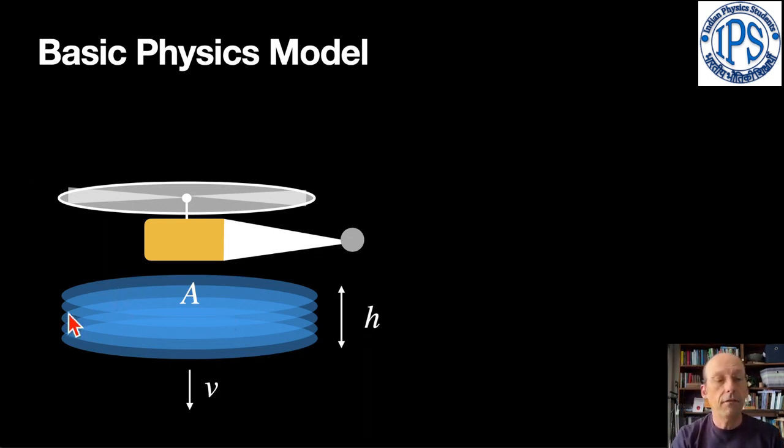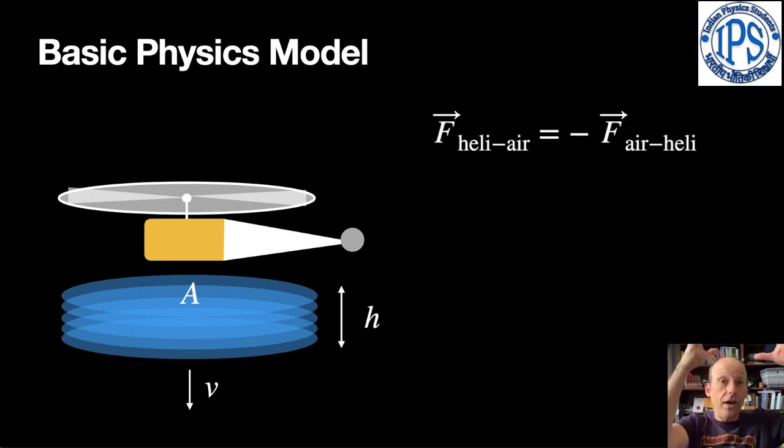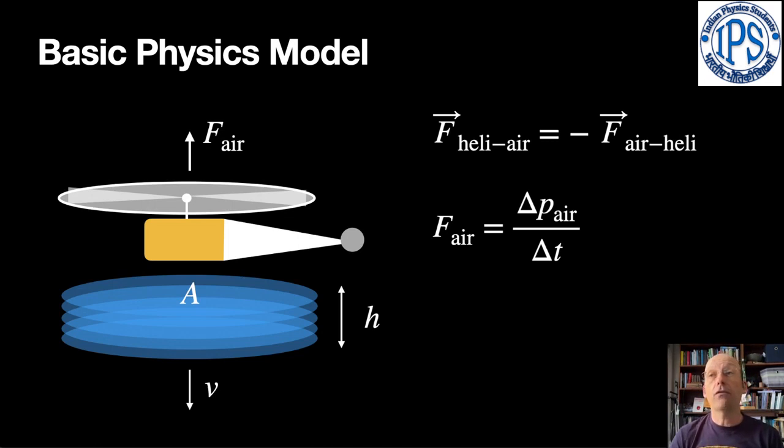So this cylinder of air has a cross-sectional area of A. It has a height of h, and it's moving down with the velocity v. And so if I find the force that the helicopter pushes on that air, that's the force that the air pushes on the helicopter. So that's the force that we want. That upwards pushing air force is that. And we can find the air force by looking at the change in momentum of this air.